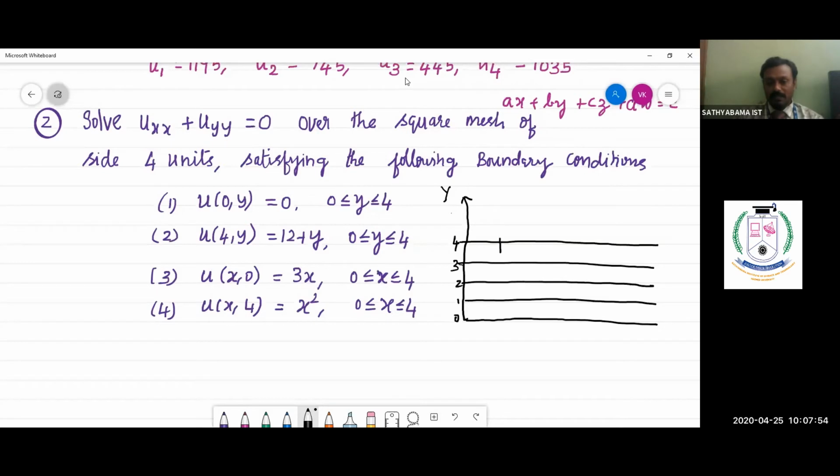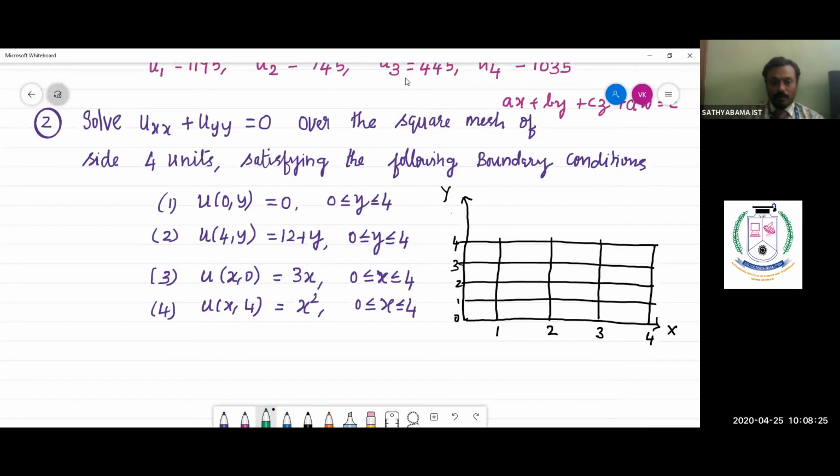Similarly, along the x-axis, x equal to 0, 1, 2, 3 and 4. Now let's fill up the boundary conditions.